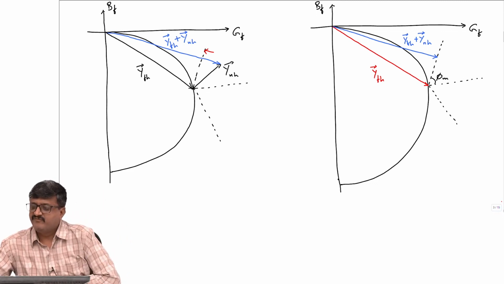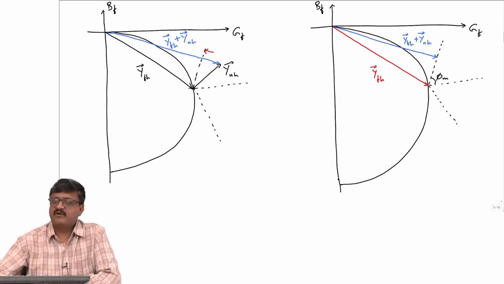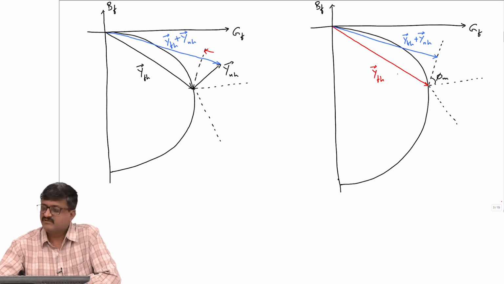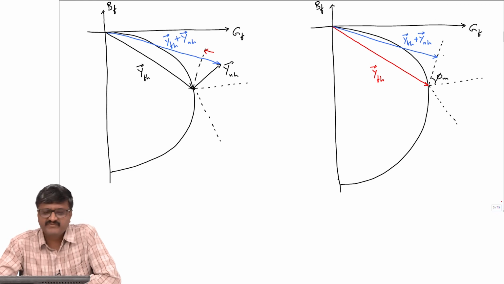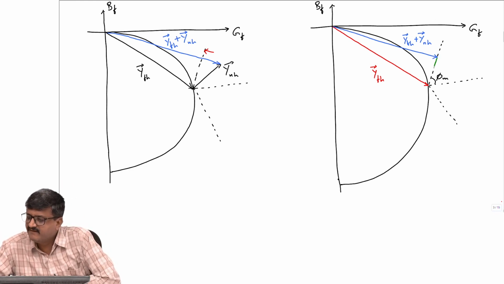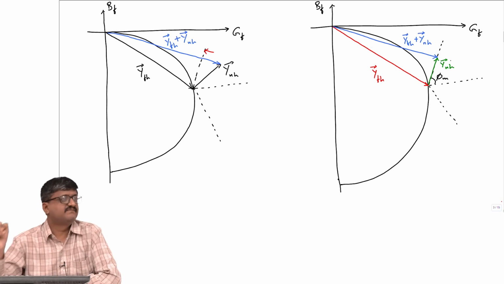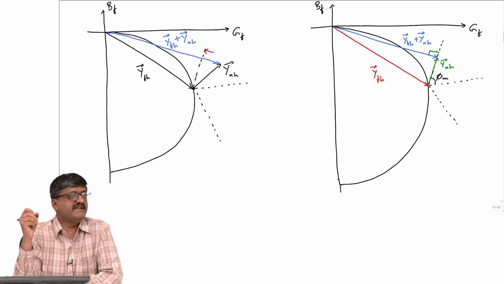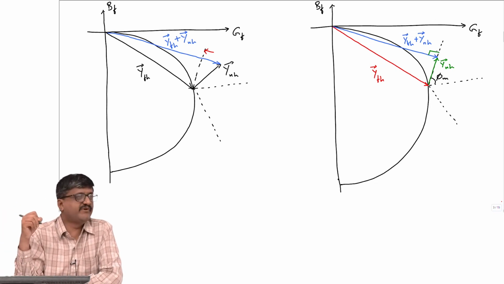So, if this is y of h, the blue complex number is y of h plus y n h and the red one is y of h. So, that means the difference between these two is y n h. So, if I take this, this is y n h. So, here this sum of y of h and y n h is perpendicular to this boundary which makes an angle phi.